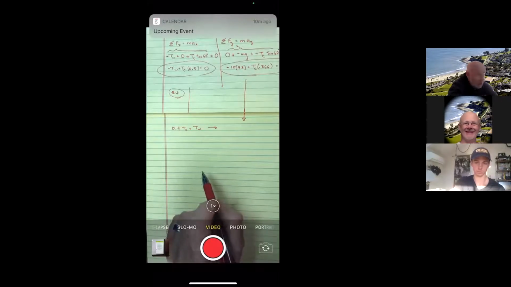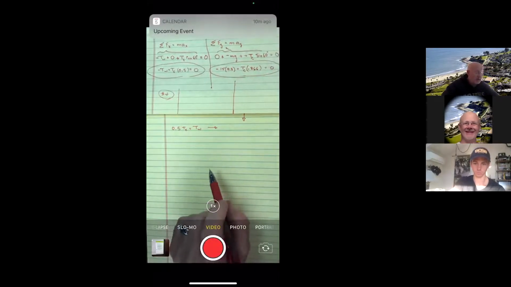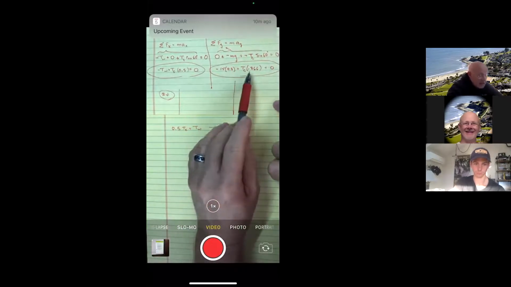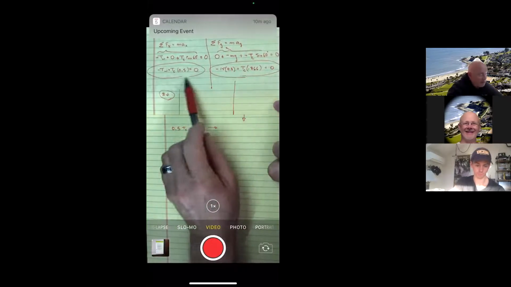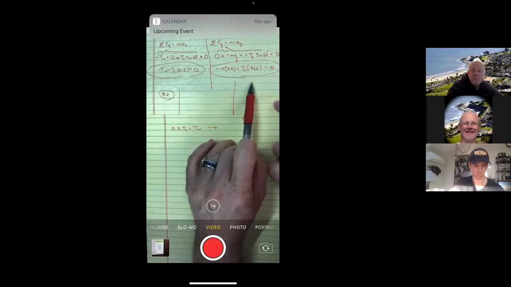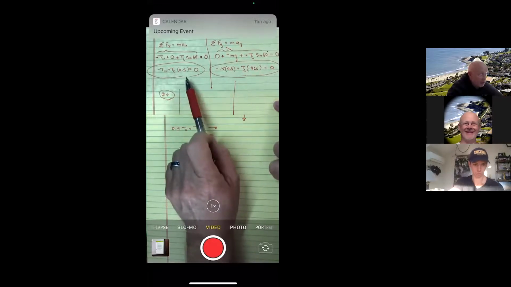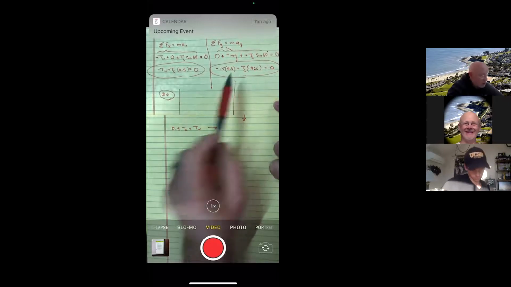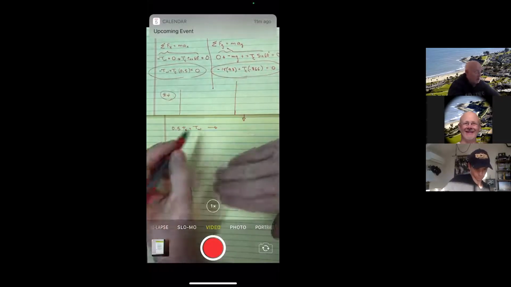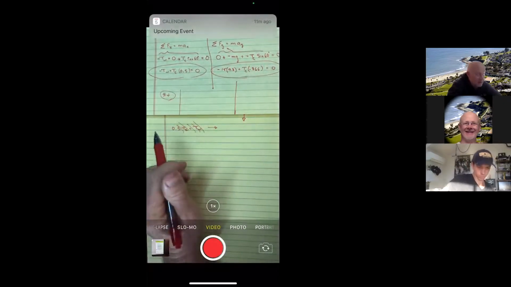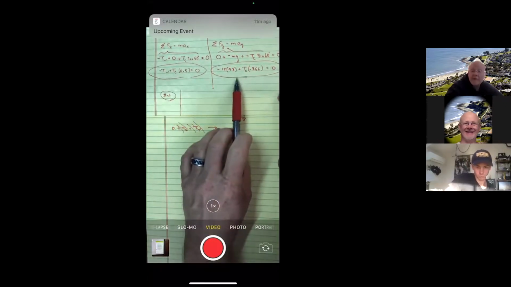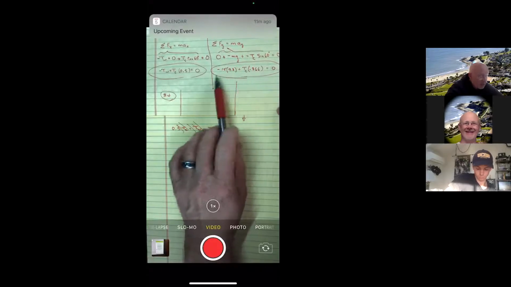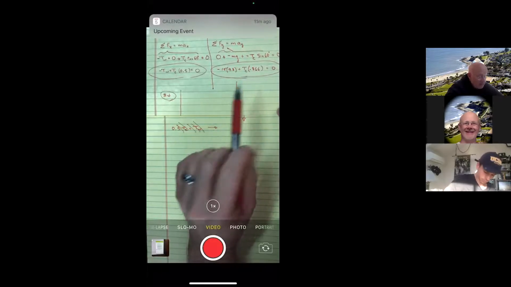I didn't even notice it. This is an easier problem than I gave it credit. The second equation doesn't have both variables in it. So I don't have to solve one and plug into the other. This is not a system of equations. I could just start with equation 2. So let me put this one on hold. I'll just cross it out. I shouldn't have done that one first. I should have recognized this one at first. This one has only one unknown in it.